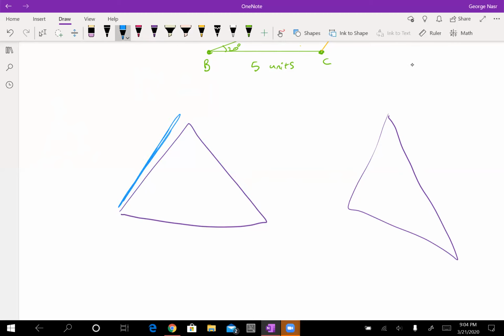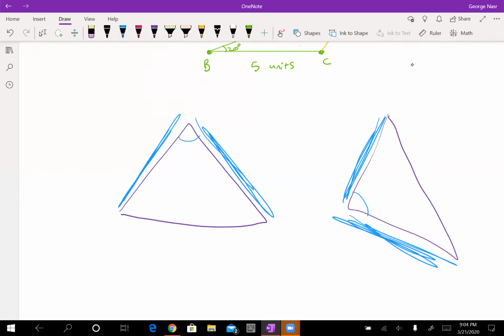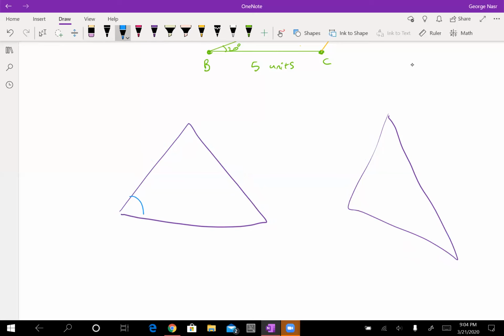If I have a side, an angle, and a side, then these triangles are also the same. That's side, angle, side. I can also have an angle, a side, and an angle, and in this case, they're also the same.